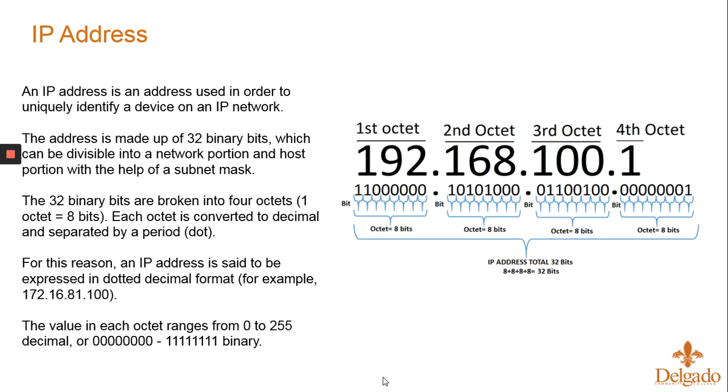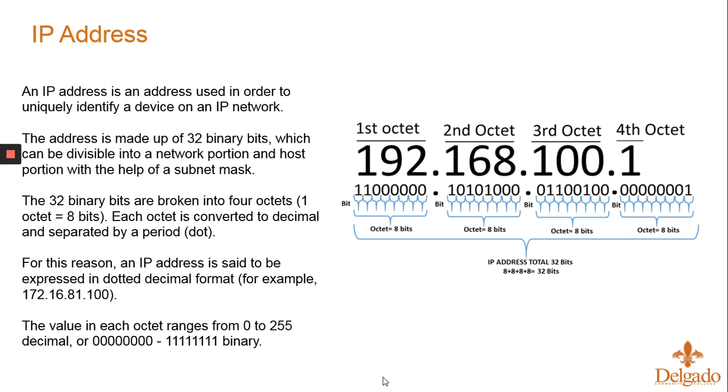For this reason, IP addresses always have to be expressed in dotted decimal form, such as we see in the example on the right, 192.168.100.1. The value of each octet can be anywhere from 0 to 255.